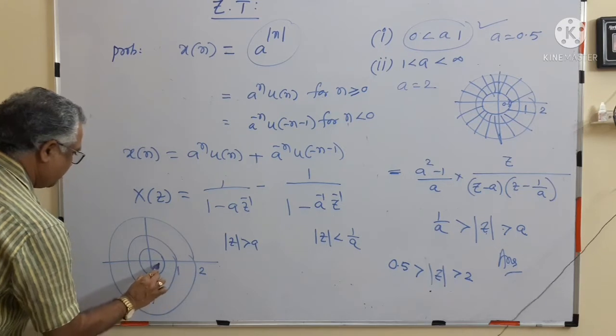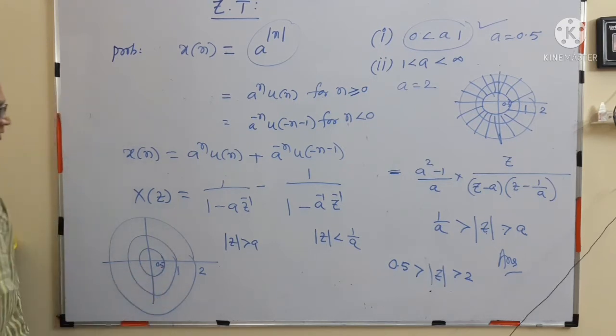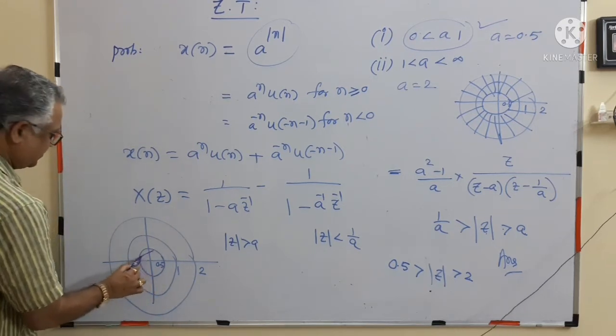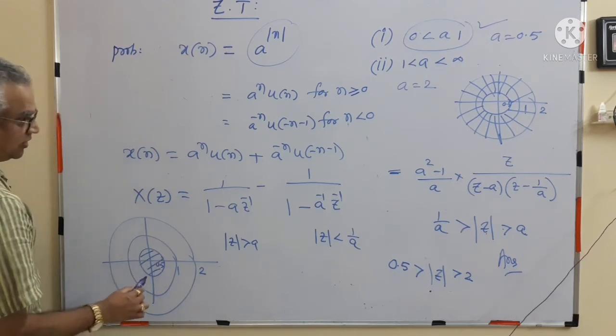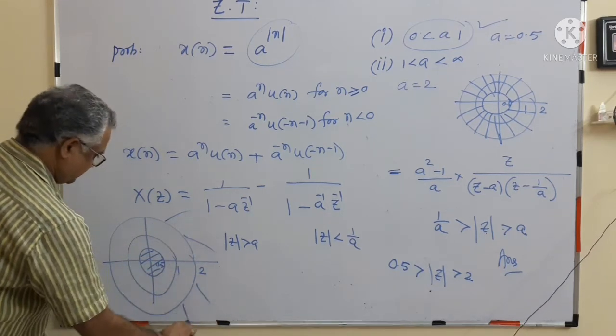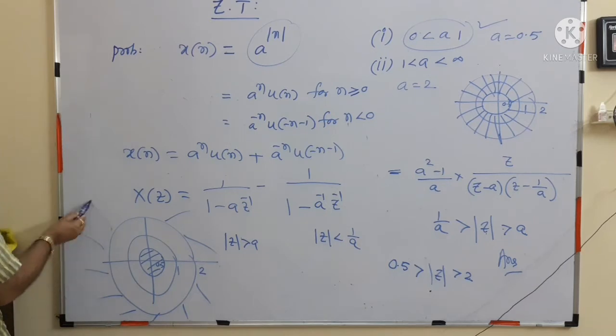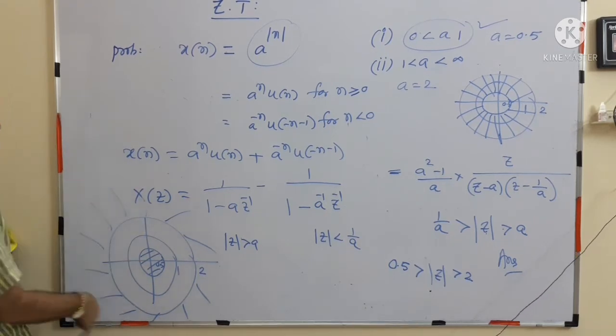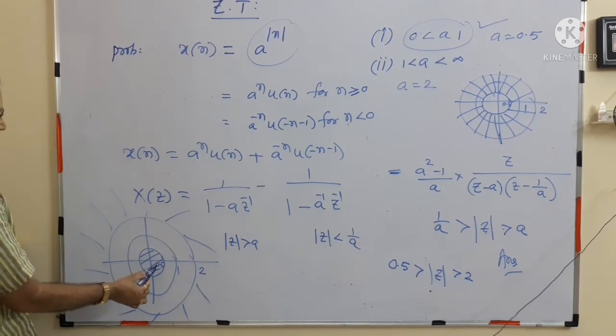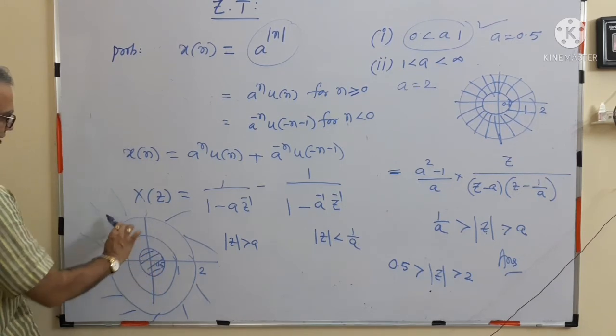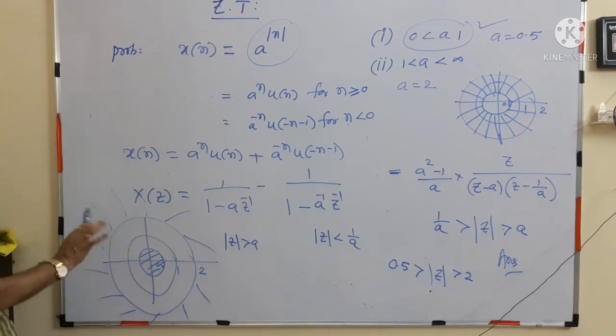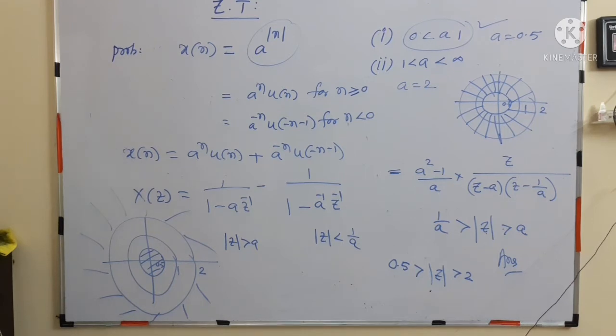Less than 0.5 is this, greater than 2 is this. So there is no overlapping, no common portion.